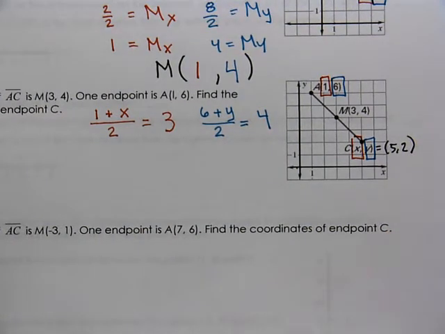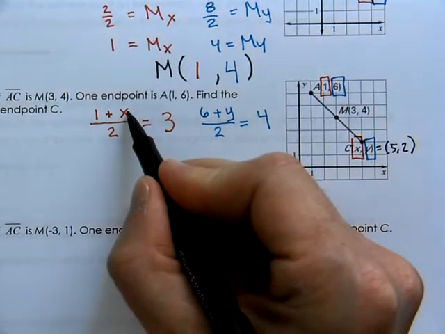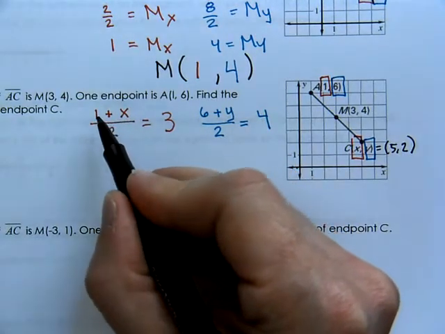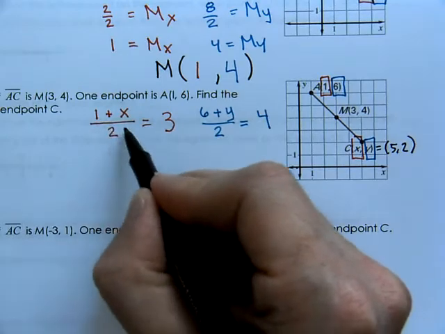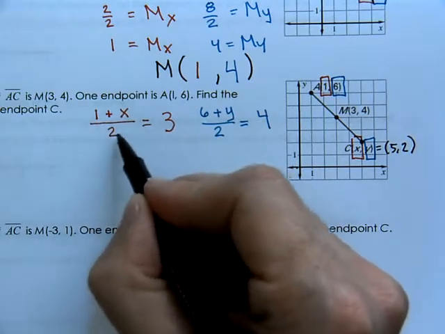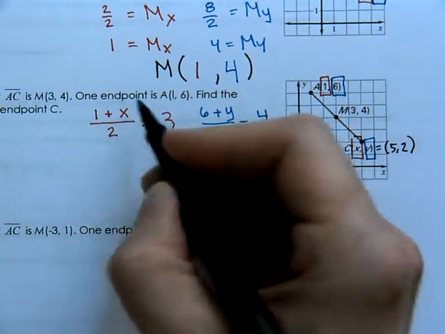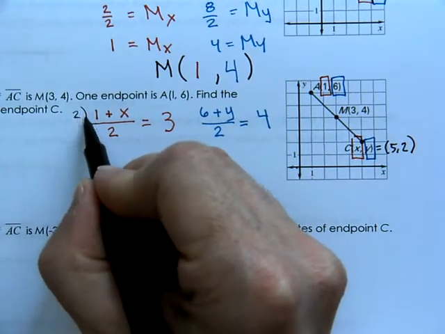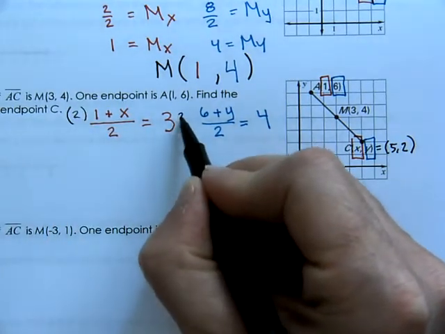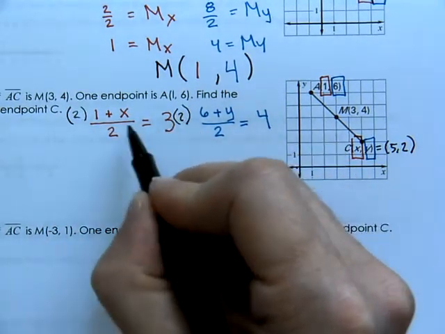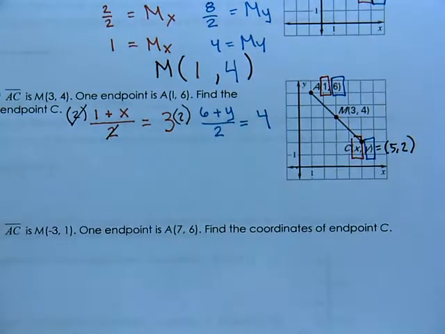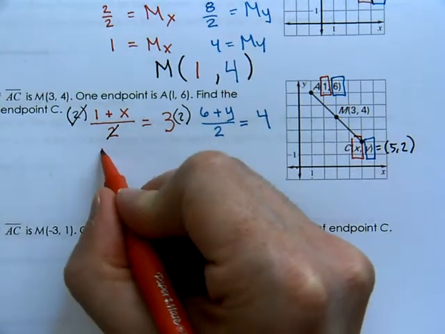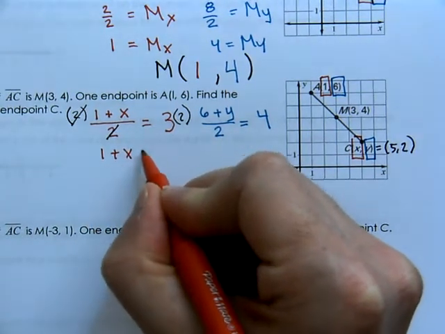Starting off with the x's, this is the variable. We have a 1 plus x divided by 2. We don't want that fraction there. We don't want that divided by 2. It's in the way. So our very first step is to multiply both sides of the equation by 2. And on the left-hand side, the 2's cancel out, leaving us with 1 plus x.